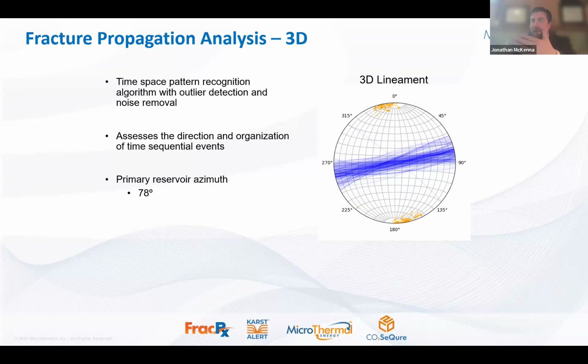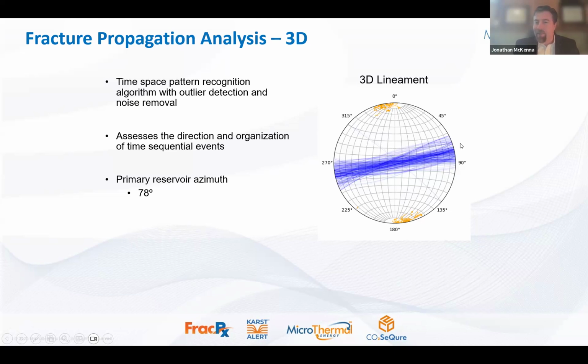So as these events propagate and form a planar feature, we're fitting planes to that planar feature and mapping them on this plane here, or on this axis here.